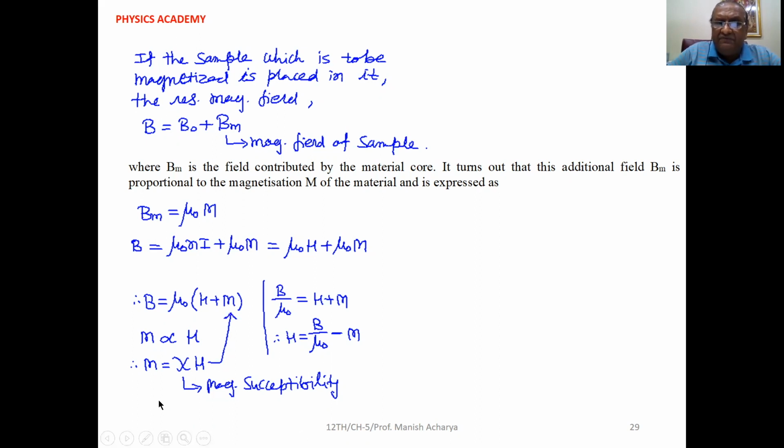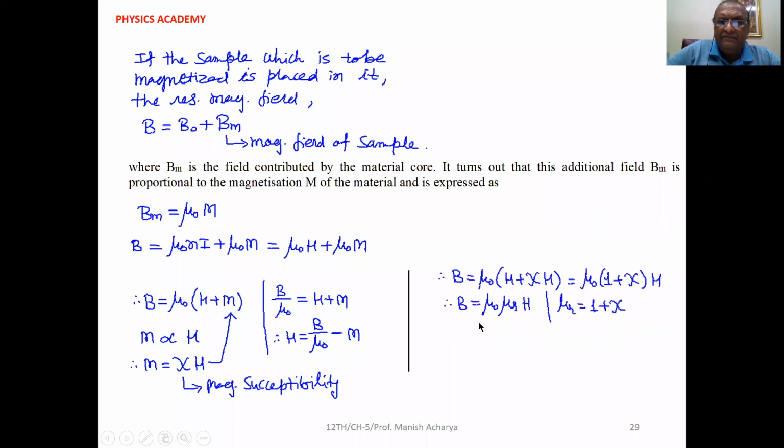Now, if we substitute the value of M equal to chi H in this equation, then we will get B equal to mu0 into H plus chi H. Now take H common. So you can write mu0 into 1 plus chi into H.